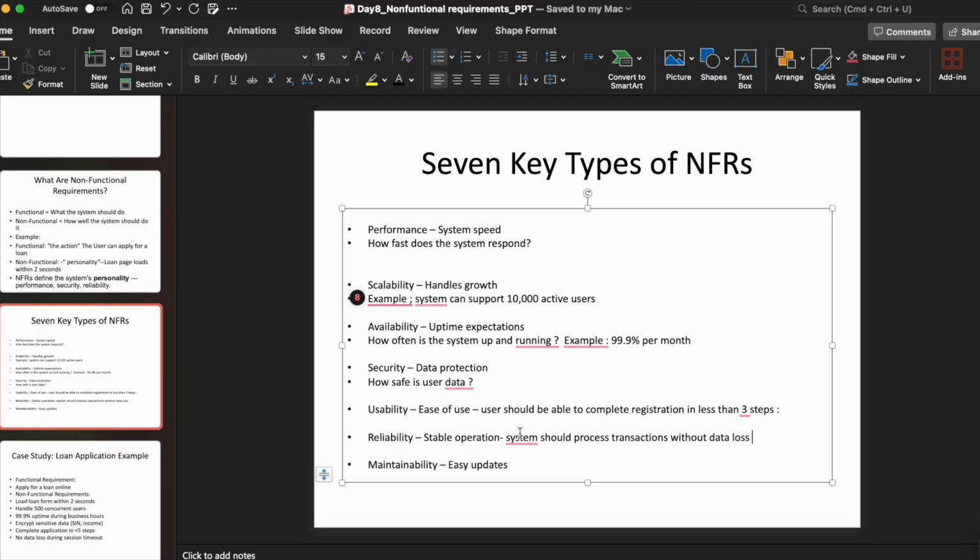And maintainability: how easy is it to fix or update the system? Example: code changes should be deployed with minimal downtime. When you document requirements, adding non-functional requirements turns your user story from average to professional, right? So you can have these 7 questions, like a user story template.